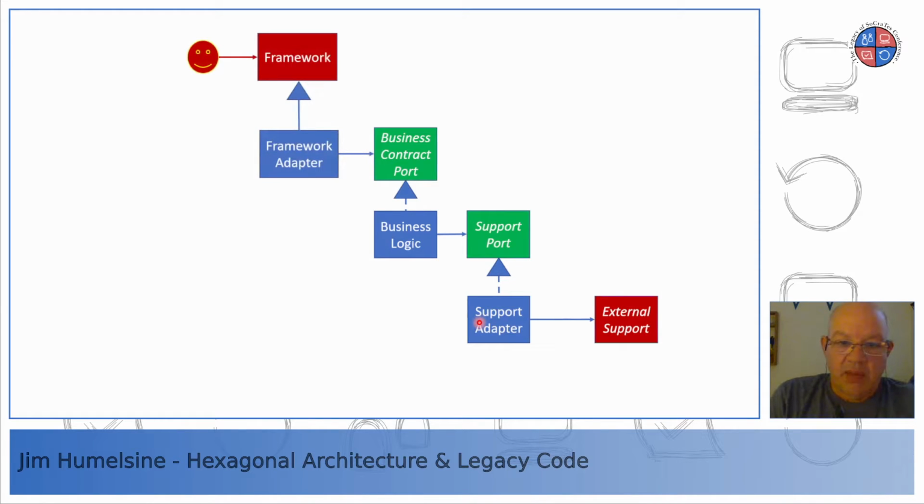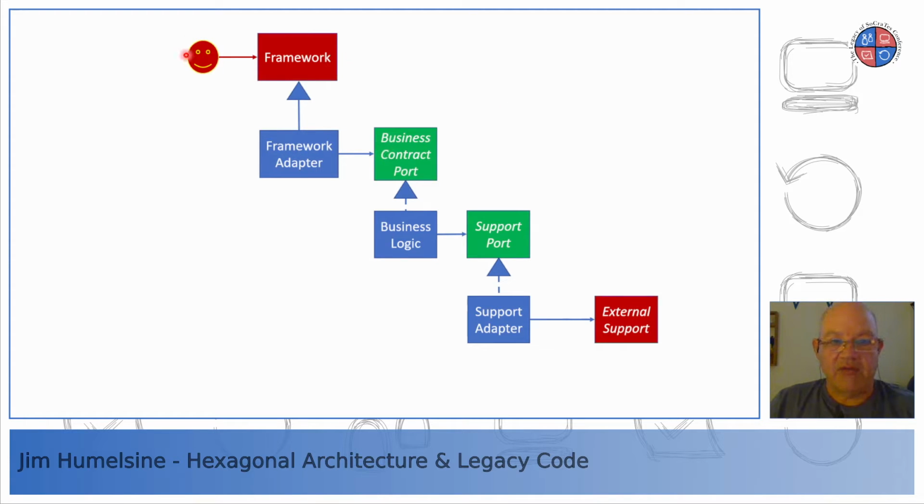Likewise, what comes into the business contract can often be a framework. Let's assume that your product is a service and it has a RESTful endpoint. The framework might be Spring with its REST definitions, and then your adapter would implement and use the annotations for Spring to accept requests as the endpoint from REST, and then delegate to the business contract.